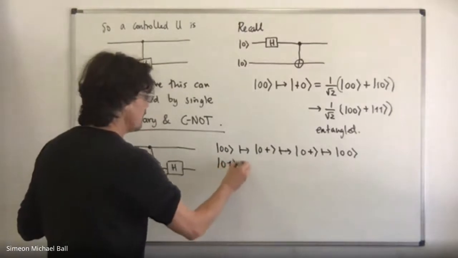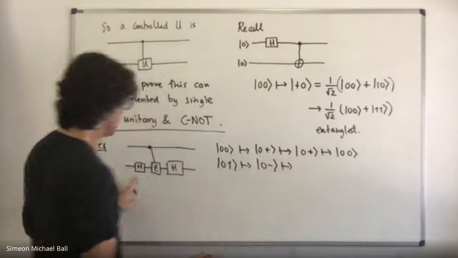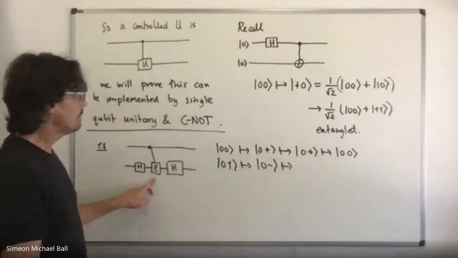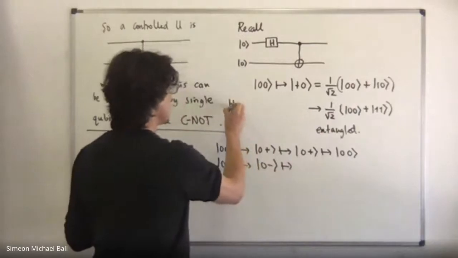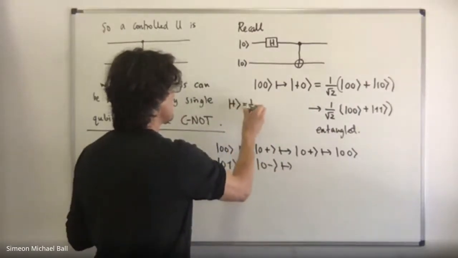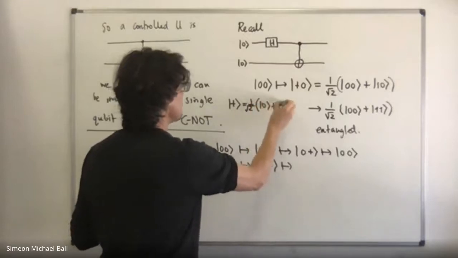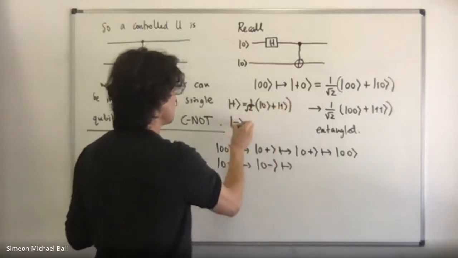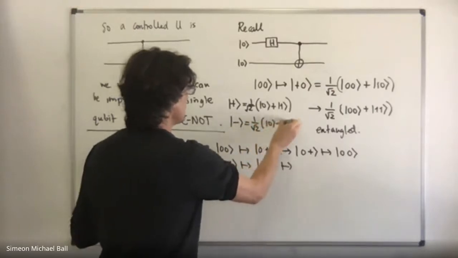If you get 0,1, then again, nothing happens. This goes to minus. So here I'm using the fact that plus is this gate and minus was this gate.